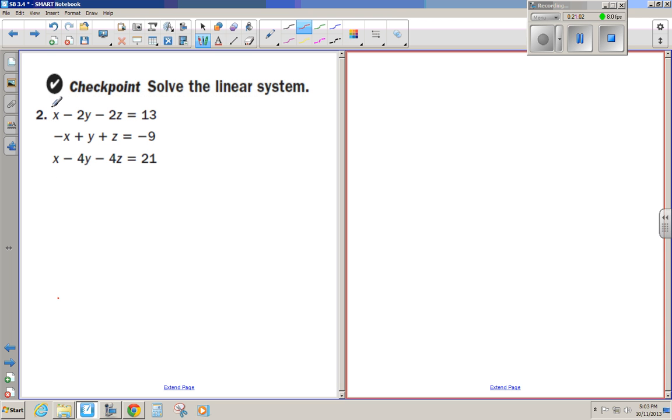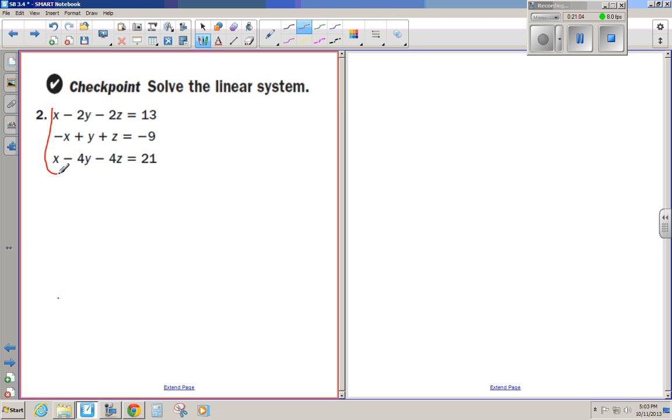For this situation, since you have a positive x and a negative x, that should be easy. Not easy. That should be already set up for you. You can take A and B, x minus 2y minus 2z equals 13, and negative x plus y plus z equals negative 9, and add them together.